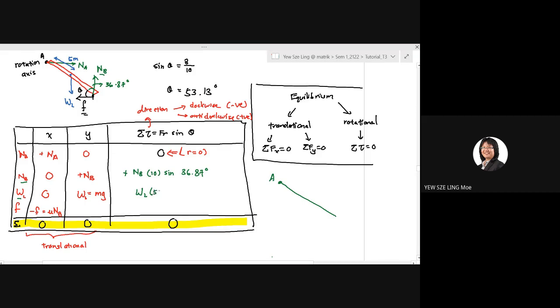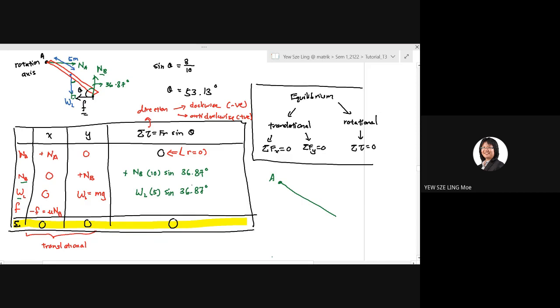Therefore, bracket 5, this is our R. And then sine, what is the angle between the ladder and the force? Look at the diagram. WL and F are actually forming a right angle triangle. If theta for the frictional force is 53.13, then for WL it is once again 36.87 degrees.